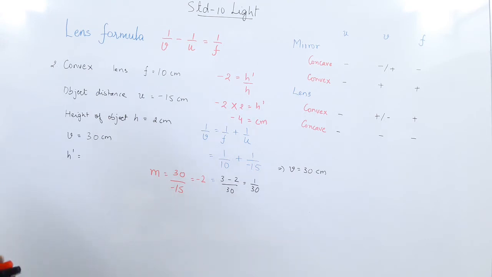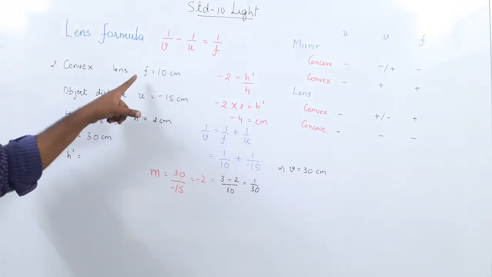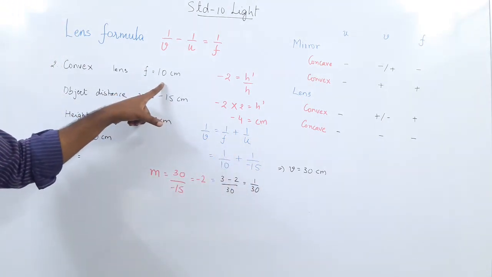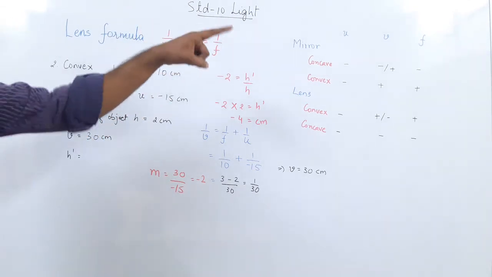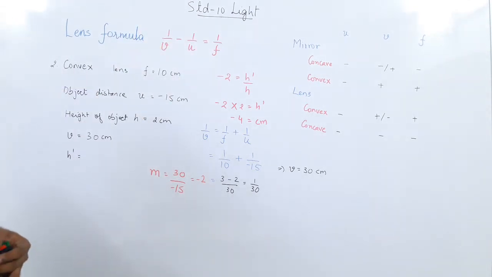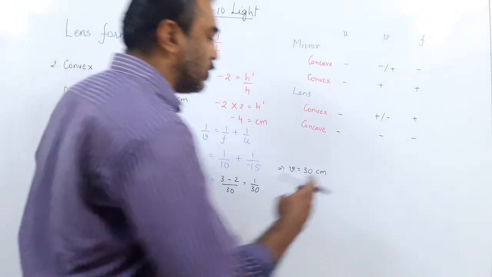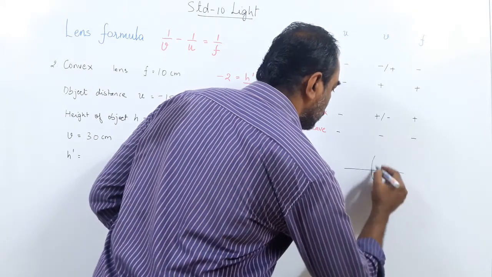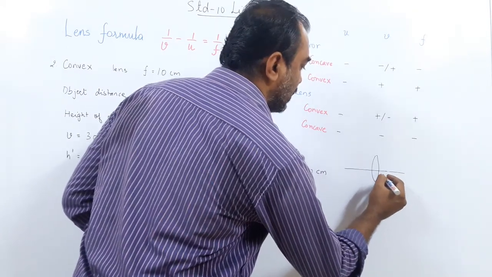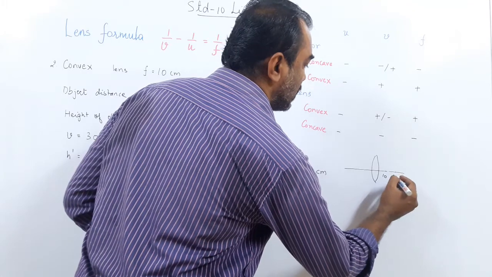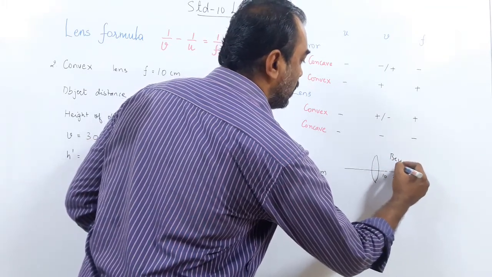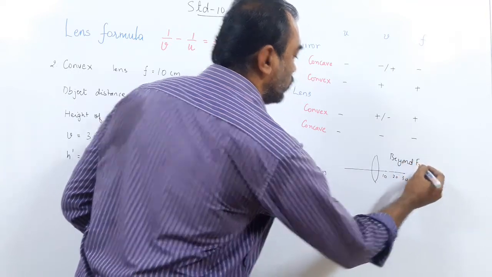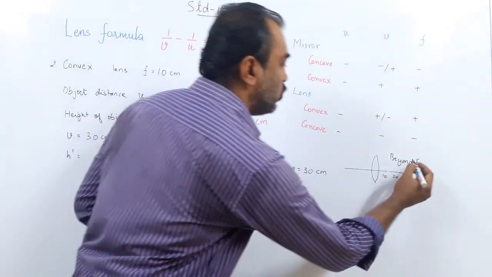Now where is the image? Look here. The focal length is 10. So what is the radius of curvature? It will be 20. Are you following? Let me draw a rough diagram quickly for you to understand. If the focal length is at 10, the radius of curvature is at 20, but the image is formed at 30, which means the image is formed beyond 2F2.